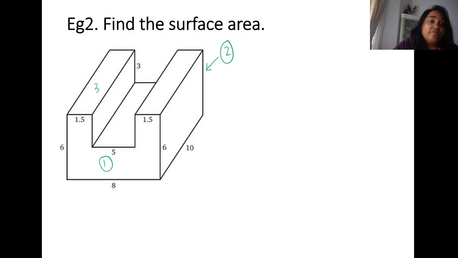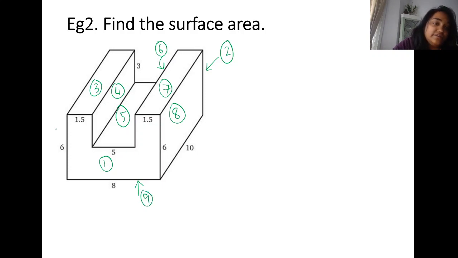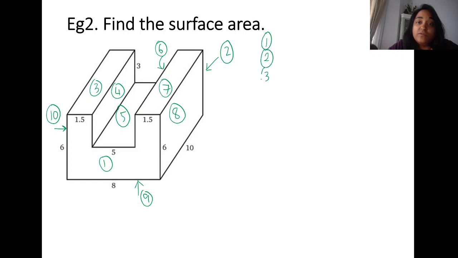I've got 3, 4, 5, 6 there, it's hiding, 7 on top, 8. And I've got one big surface on the bottom and one big surface on the side. So in this situation I have 10 different faces to work out. If you'd like, hit pause and see if you can do all 10 of those faces.